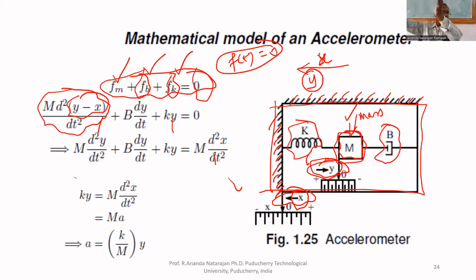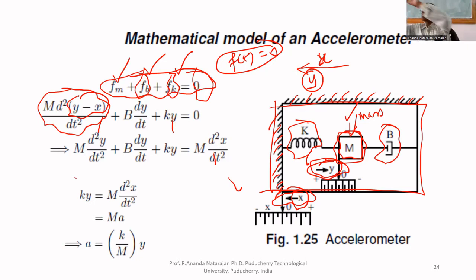Can you understand this point? Not like the spring. If it is a spring, both are moving in the same direction, so x1 and x2 come closer. That's why the net displacement is x1 minus x2.